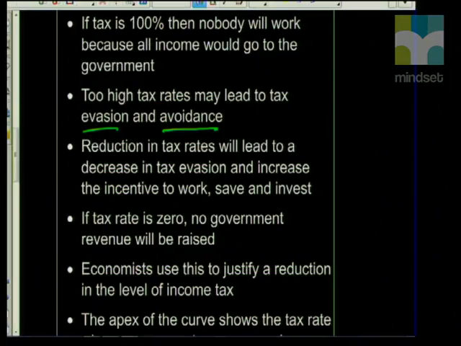SARS is collecting more tax because fewer people are running away from tax and finding tricks of not paying it. So the lesser the tax, the more obedient the people become in terms of payment, saving, and investment. If tax is zero, no government revenue will be collected.